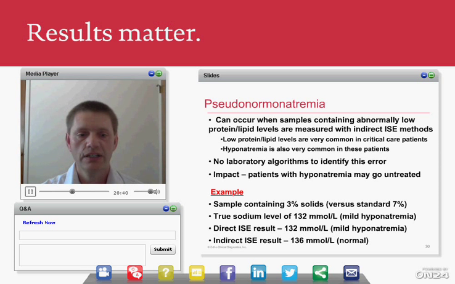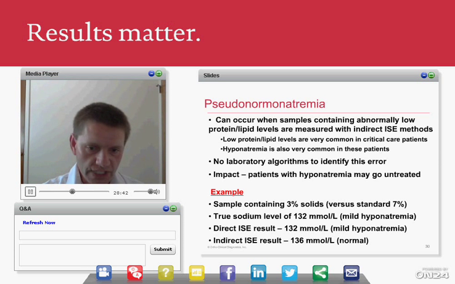So this is a really significant issue from the perspective of patients not being treated when they should be treated. Here's an example. You've got a sample that has 3% solids versus a standard of 7%. In a patient with a true sodium level of 132 millimolar, which would be considered mild hyponatremia, the direct ISE method reads it as 132, and the indirect method reads it as 136, which falls into the lower end of the normal range.